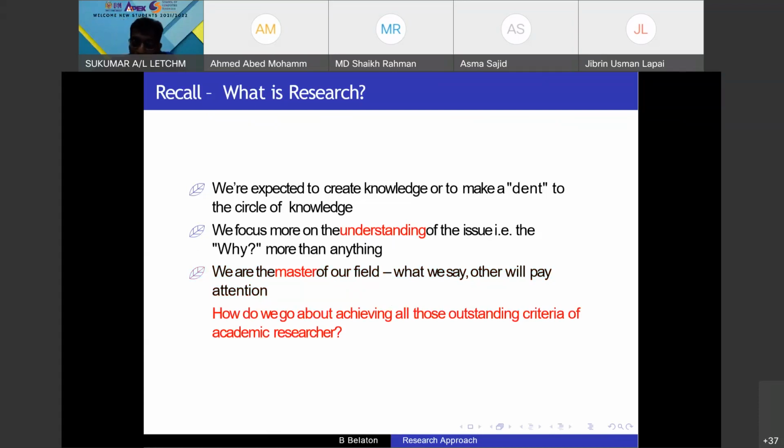So very important. How do we go about achieving all those outstanding criteria of academic research? Don't worry, you're going to learn step by step. Right now, your dilemma is you need to know your research question, and then from there you look at the objective. Is that sufficient for PhD? Is it sufficient for your MSc mixed mode?